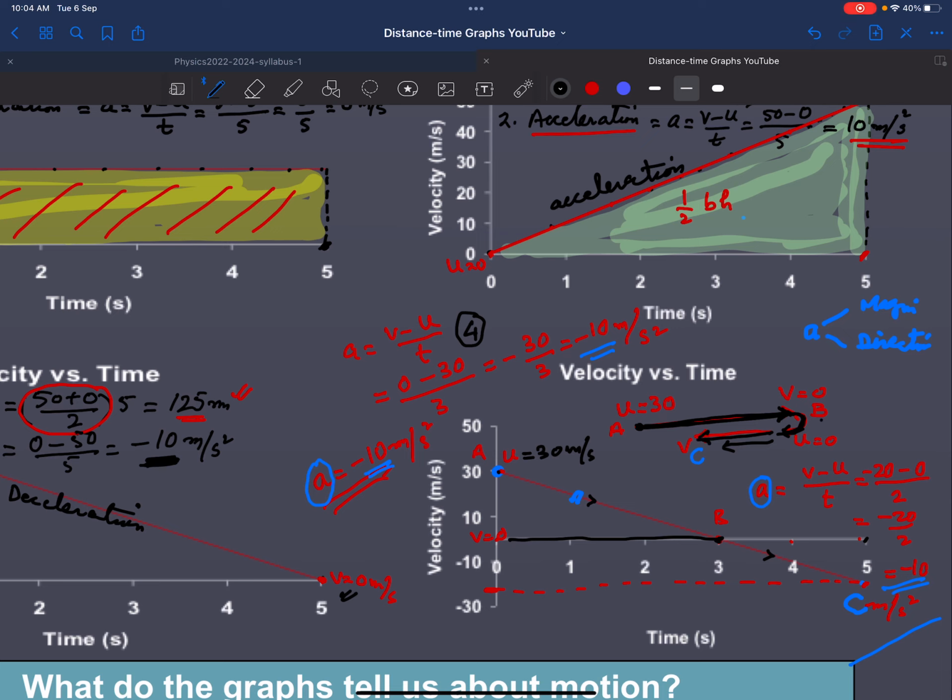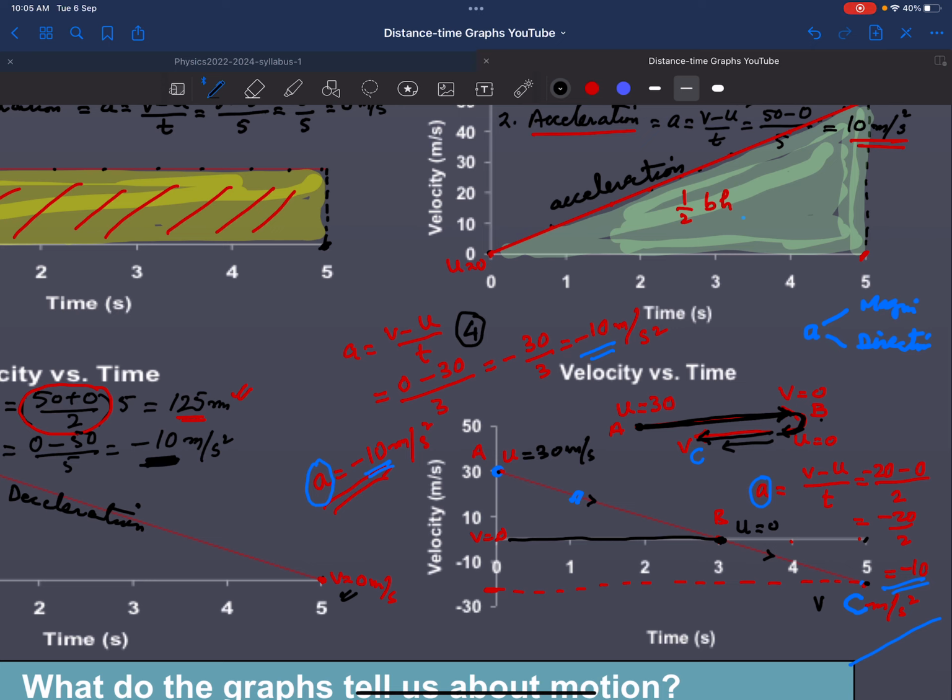So from B to C, you have this situation, where the initial velocity at this point for the new direction is 0, and here you have the final velocity. So this is how you can write. The simple thing you can say is that the acceleration is taking place in the opposite direction.